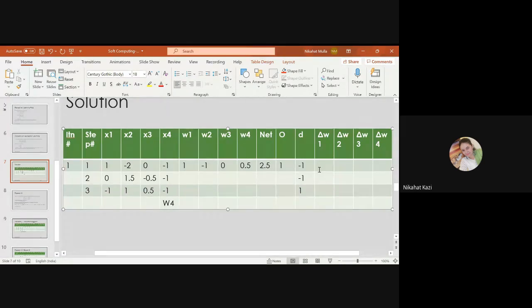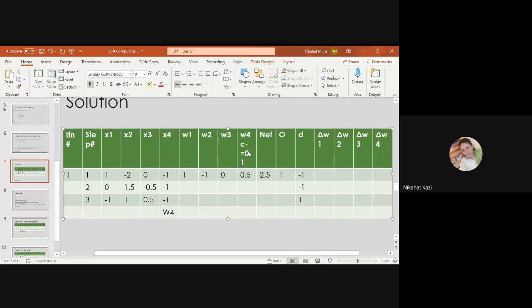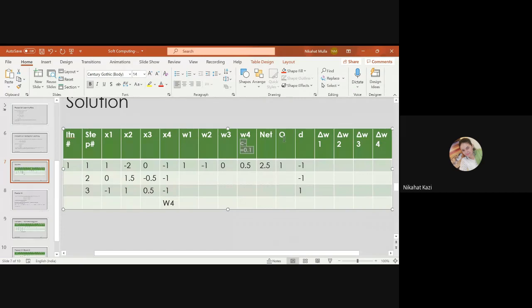So use that. C is given to be 0.1. Right? C is 0.1. So use that 0.1 into 2, minus 2cx. Minus 0.2 times x. X is here. This is x. Okay.